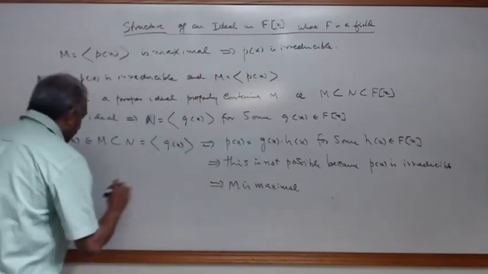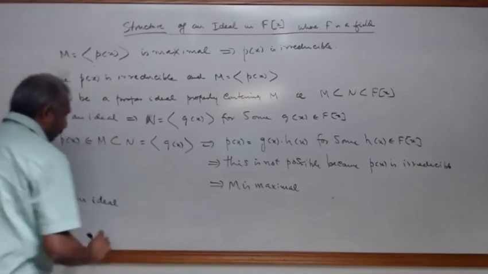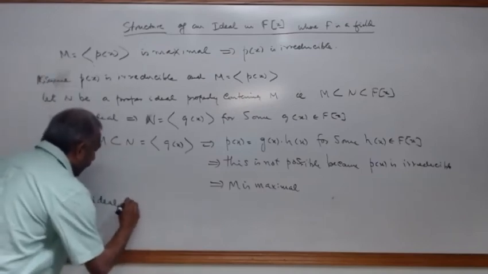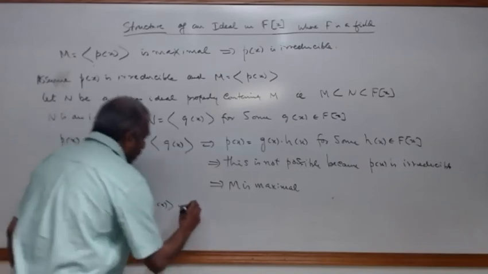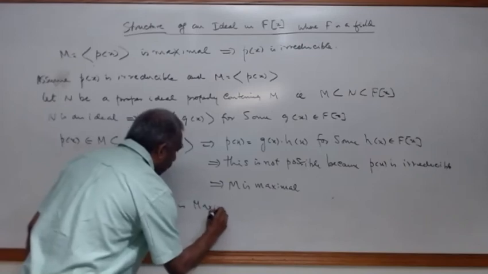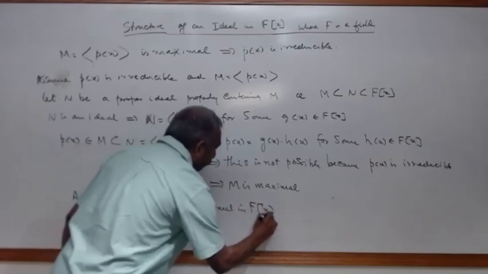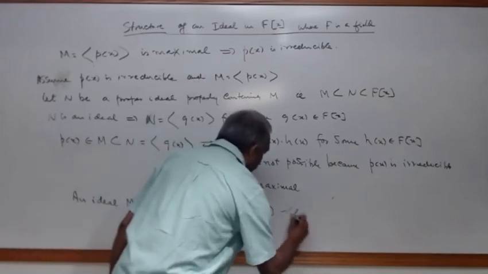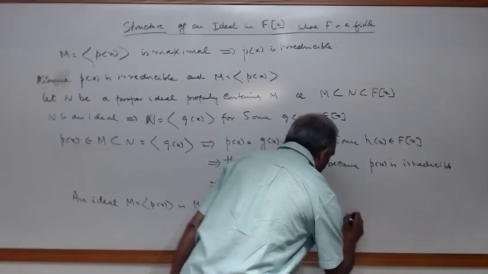So the result is an ideal M equal to the ideal generated by p(x) is maximal in F[x] if and only if p(x) is irreducible.